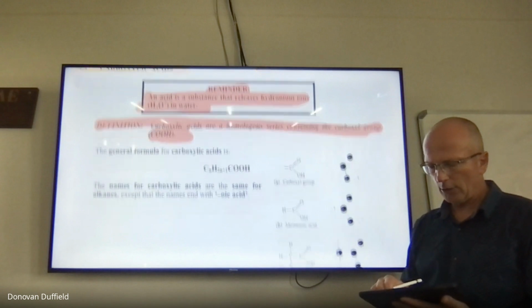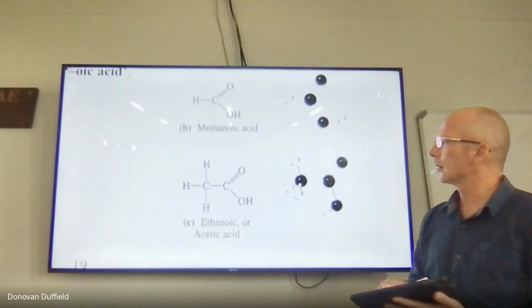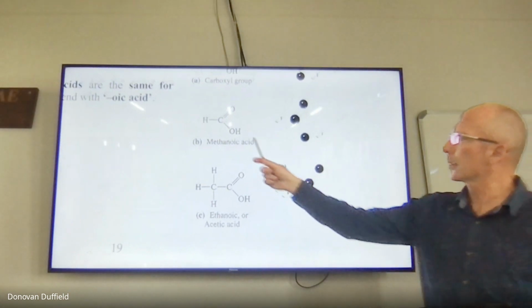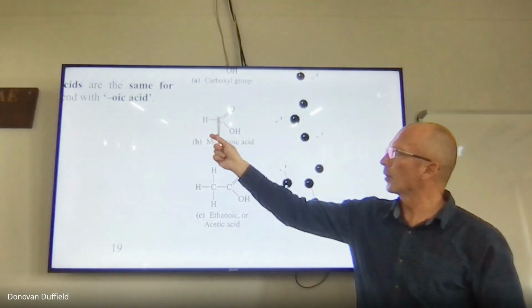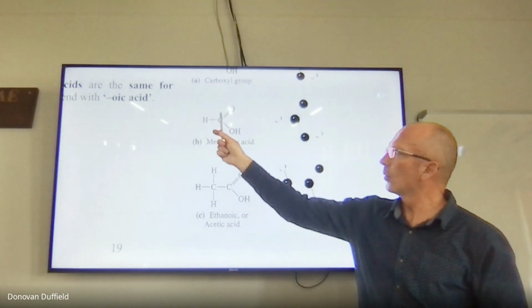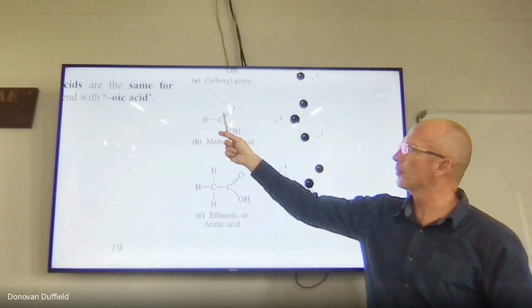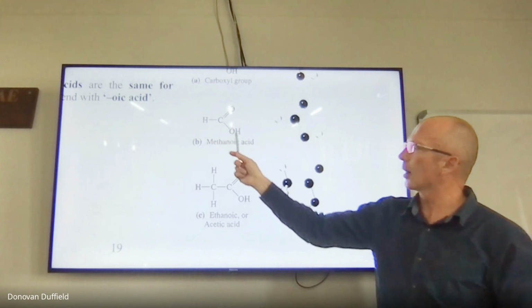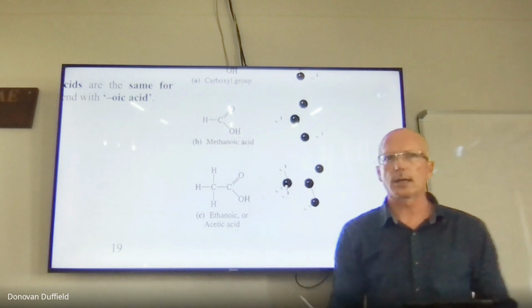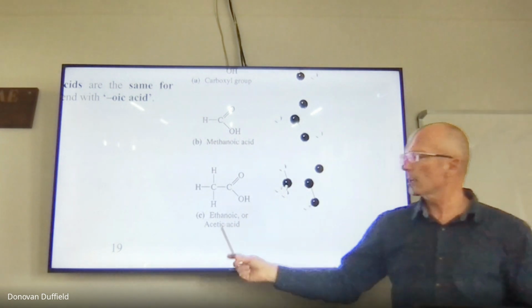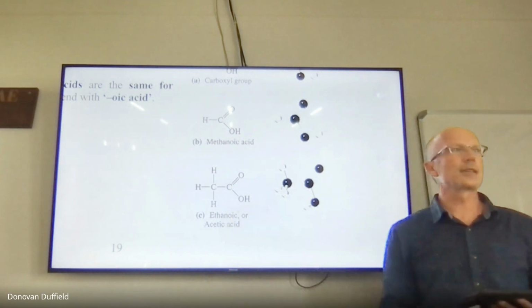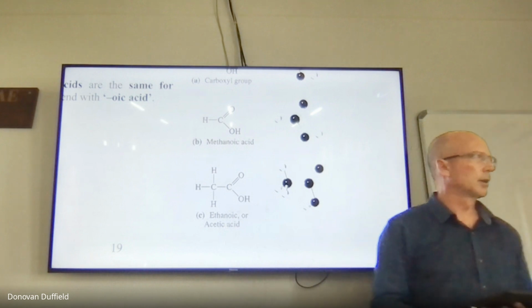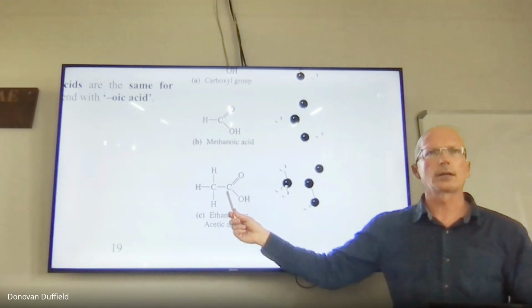So if we look at methanoic acid, we've got one carbon, 1, 2, 3, 4. Two of the bonds are with oxygen. One of the bonds is with the OH. That's methanoic acid. Okay. Ethanoic acid, also known as acetic acid, is also vinegar. So that's what vinegar looks like.